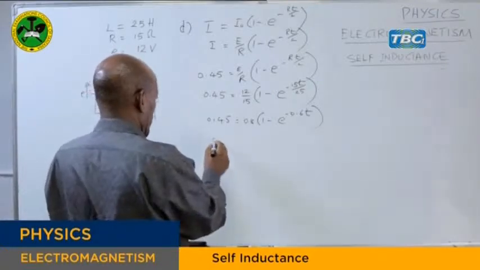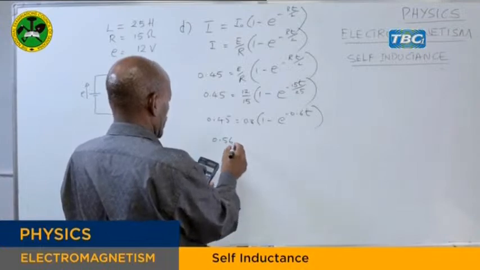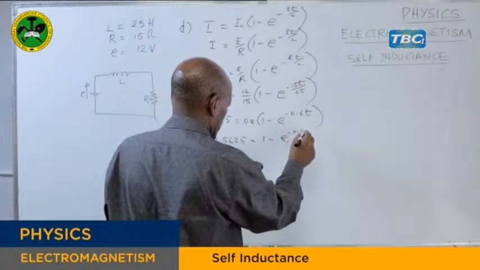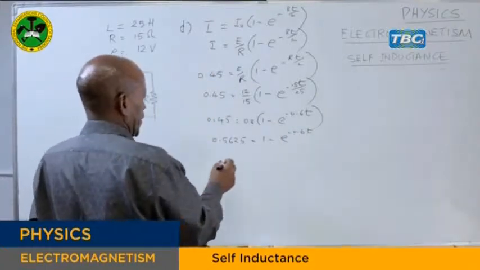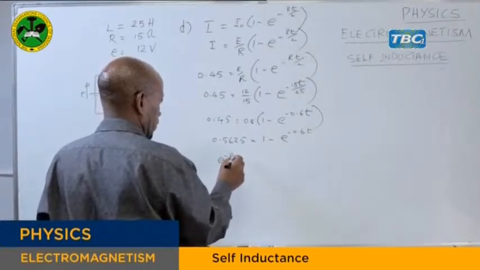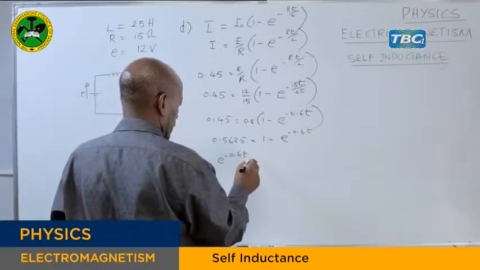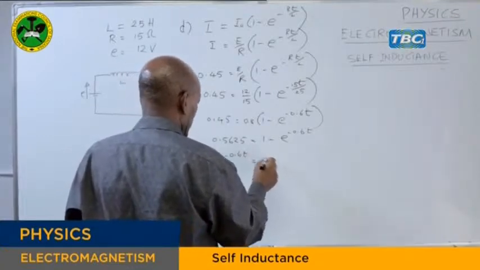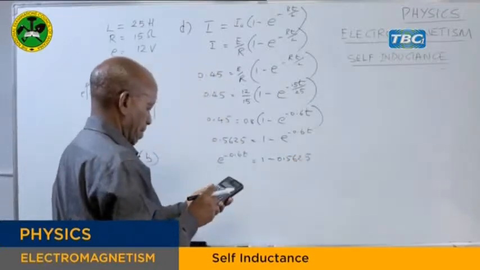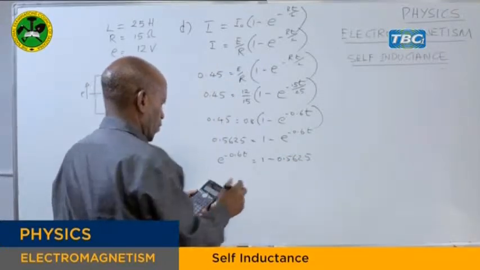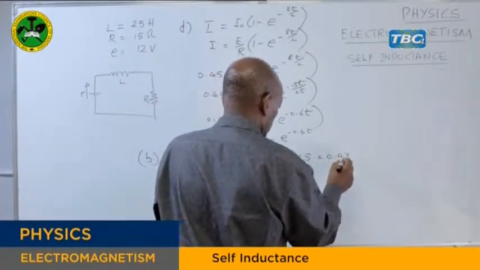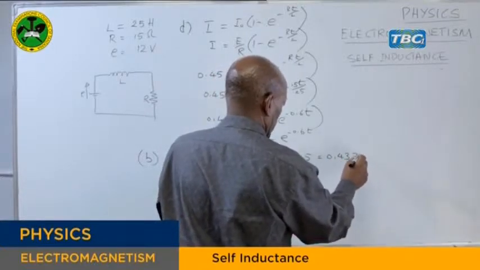I'm going to get 0.5625 equal to 1 minus e power minus 0.6 T. Then we are solving for that e power minus 0.6 T. This will just be equal to 1 minus 0.5625, which is equal to 0.4375.